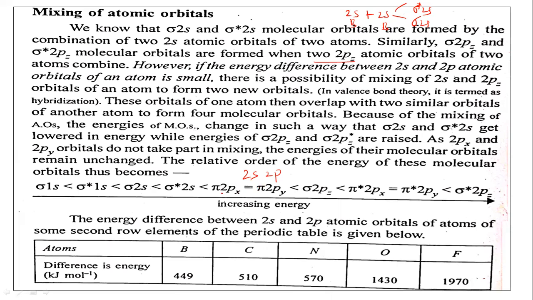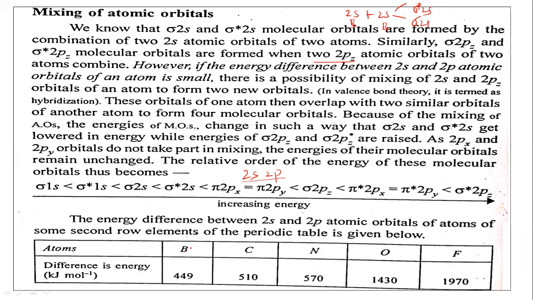Such mixing is not possible in the oxygen and fluorine molecules, but it is possible in the boron, carbon and nitrogen molecules, because in these the energy difference between the 2s and 2p atomic orbitals is very small.